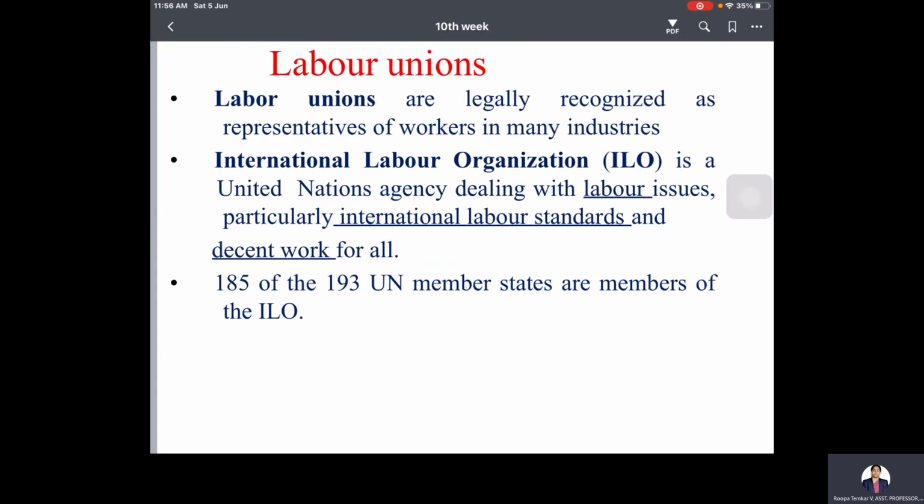The International Trade Union Confederation is the world's largest trade union federation. It was formed on November 1st, 2006, out of the merger of the International Confederation of Free Trade Unions, called ICFTU, and the World Confederation of Labor, known as WCL.